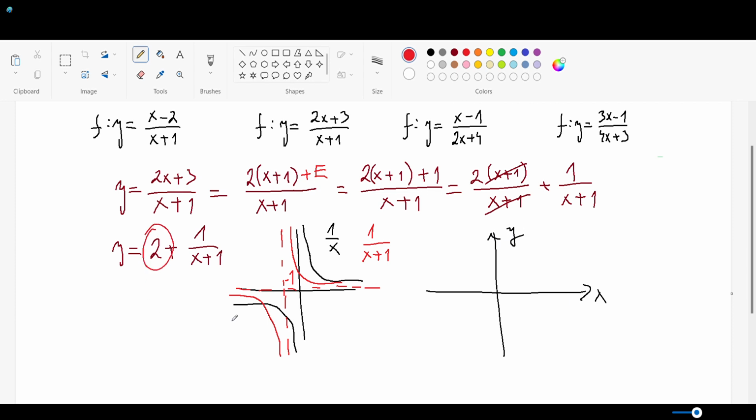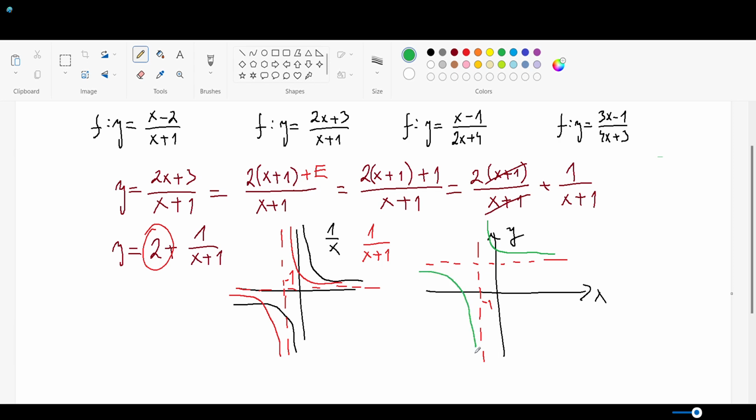This transformation has nothing to do with the vertical asymptote, so it will stay in the same place and pass through -1, and our horizontal asymptote will be moved to a line which can be defined as y equals 2. I was supposed to use a new color but I didn't, so this is my chart.